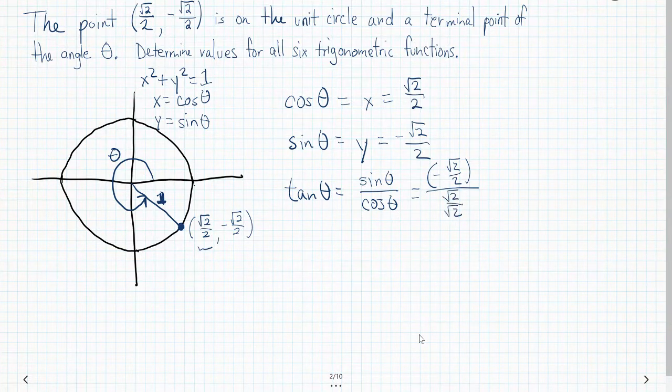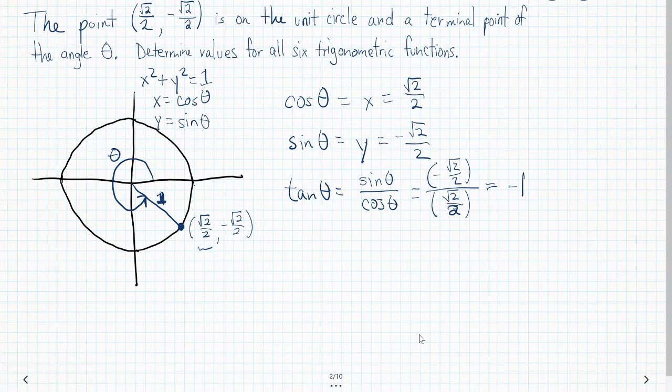Oops, over 2. It's not supposed to be a square root of 2. Well, look at that. Those two numbers are pretty much the same with the exception of that negative symbol up top. So that means this is just negative 1. And in fact, we can be pretty precise in terms of what angle this is in just a little bit. And I'll explain how we could do that.